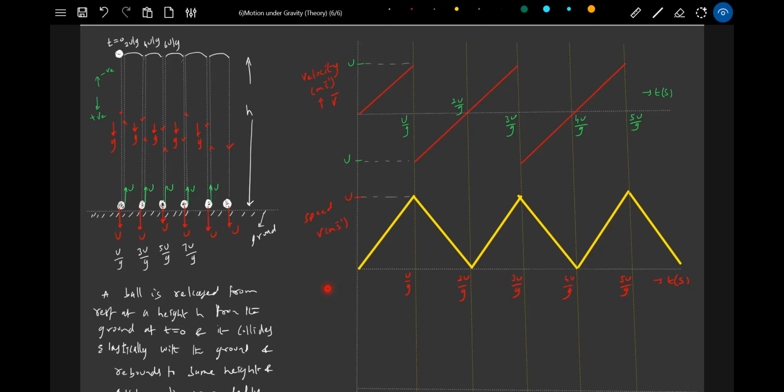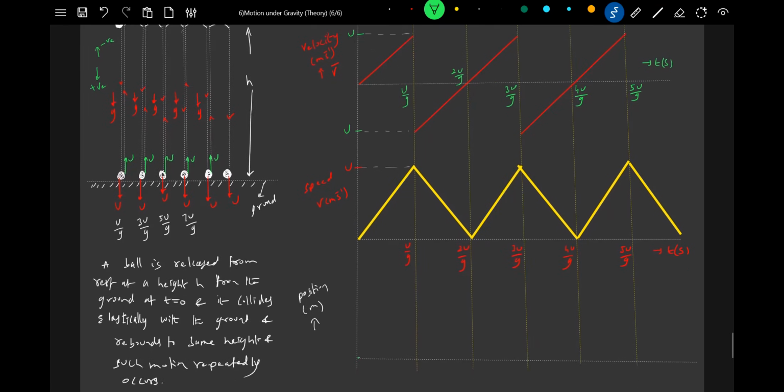What about the position versus time graph? So the position versus time graph will be, okay, now I'll put it here.